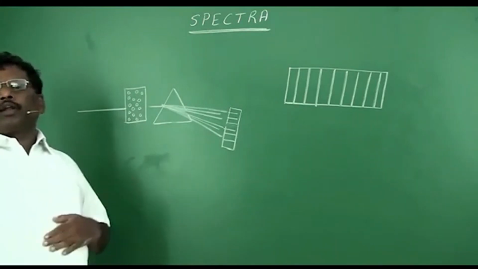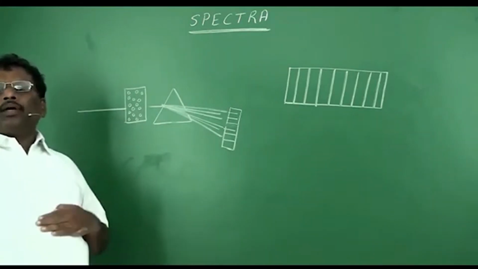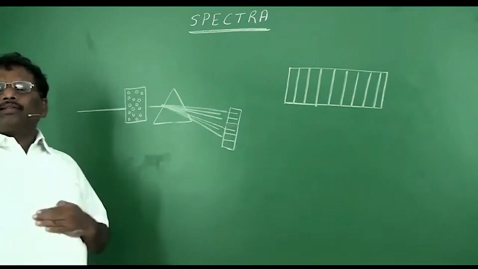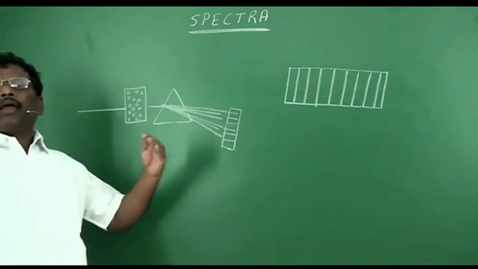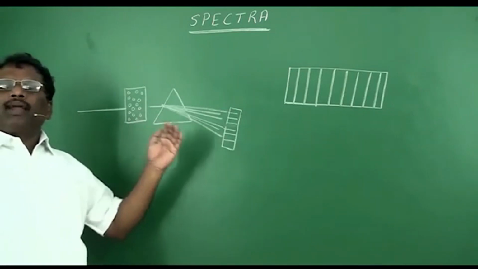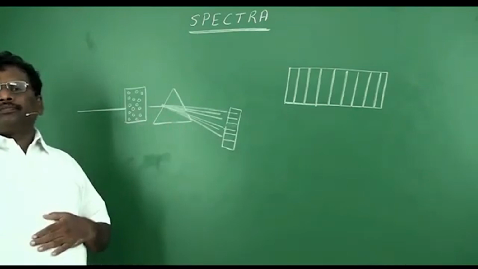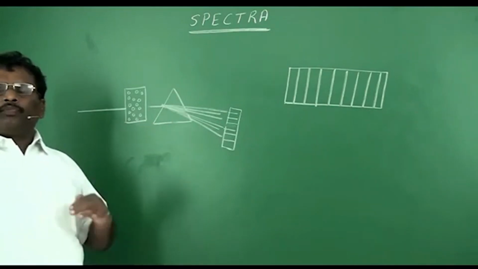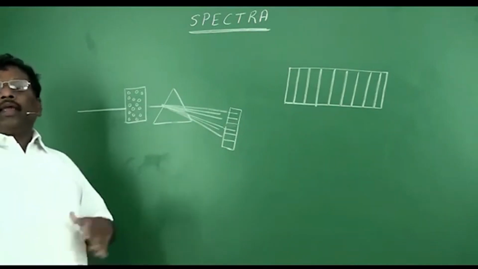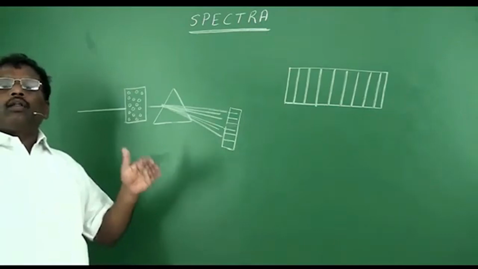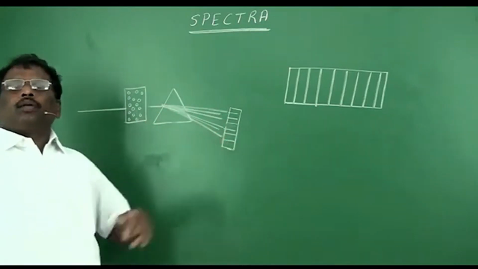In absorption spectra, you will find dark lines on a white background.